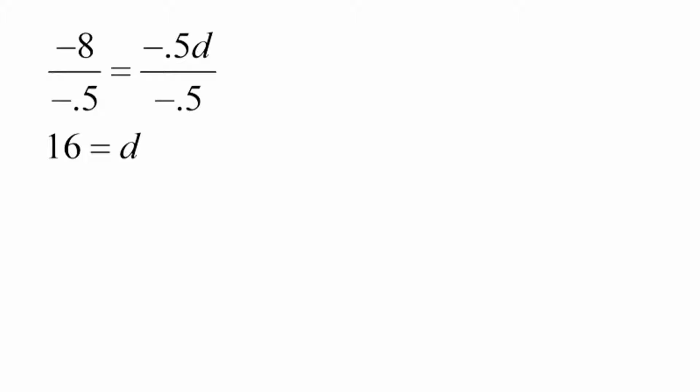You will take your calculator and you would press 8 divided by negative 0.5 days. If we're dividing by 0.5, that's the same as multiplying by 2. If you do it on your calculator, you won't have a problem. My answer would be 16 days.